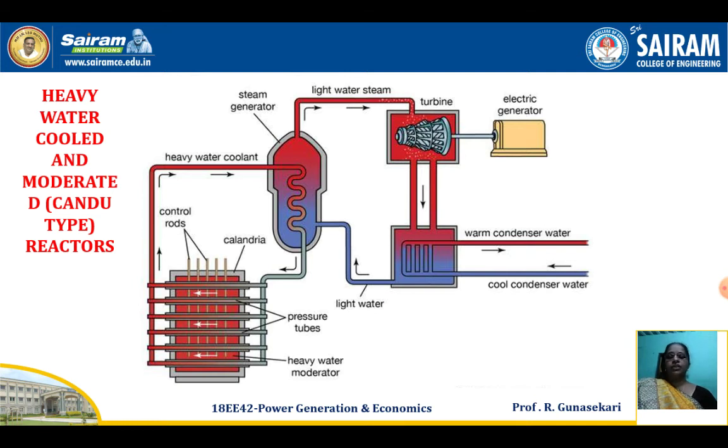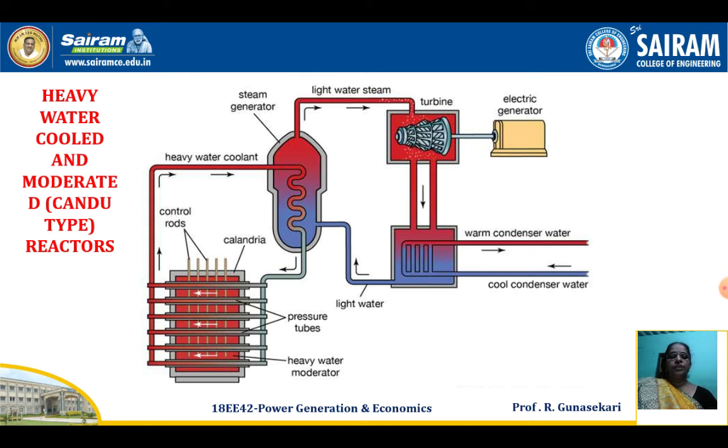From the diagram, you can see the arrow marks. That means heavy water is used as a moderator and also as a coolant. The heavy water coolant from the reactor core goes to the heat exchanger and heats water, which is converted into steam. That steam goes to the turbine, and this steam is used to drive the turbine.